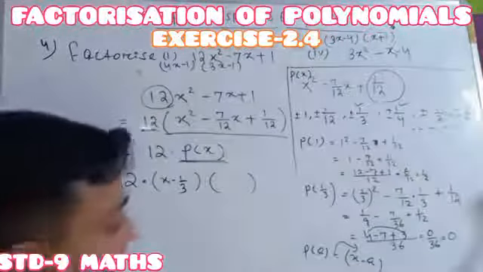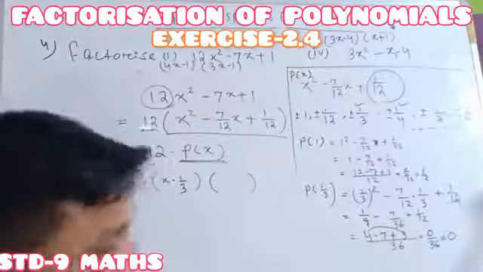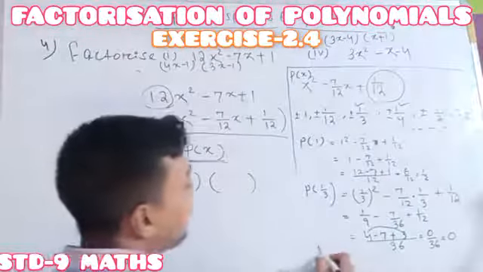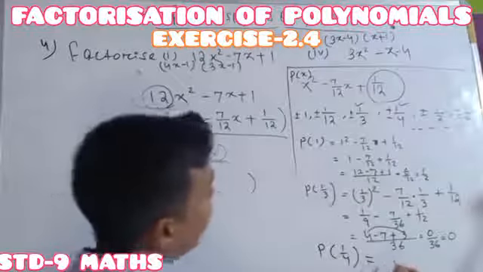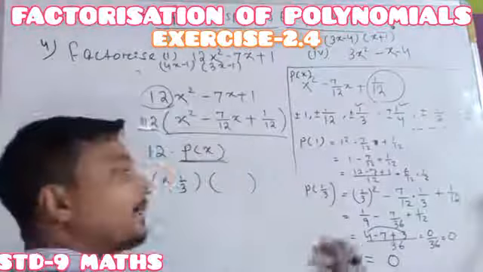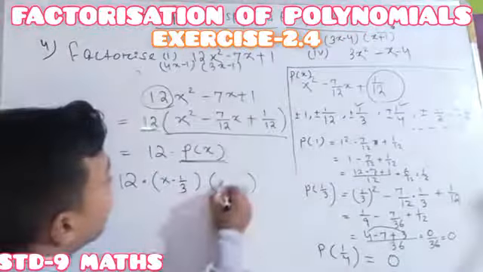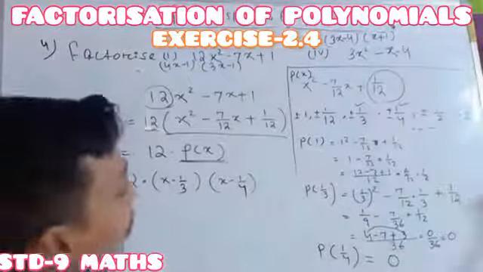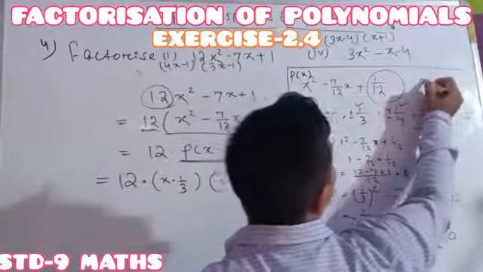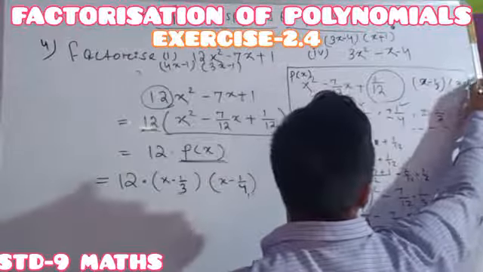On checking you will find p of 1 by 4, if you attempt it, is also equal to 0. So x minus 1 by 4 is also another factor. Otherwise, one can write x minus 1 by 3 is a factor and x minus 1 by 4 is also a factor.